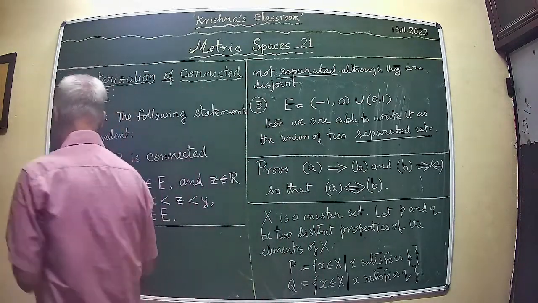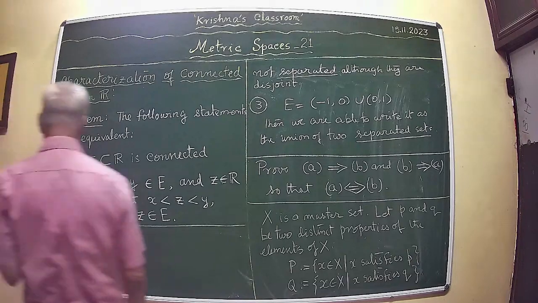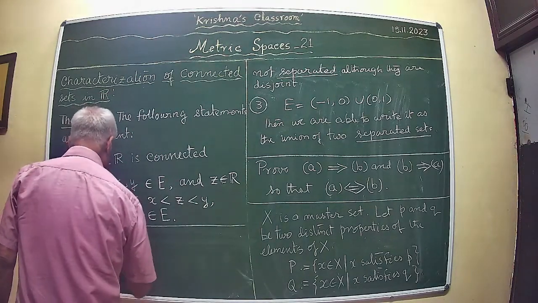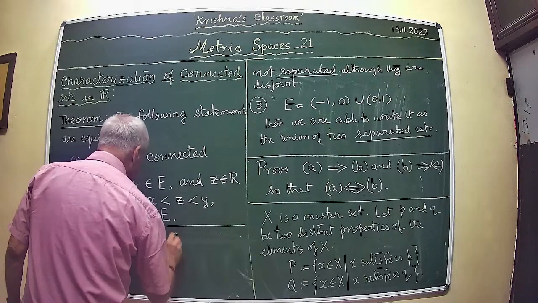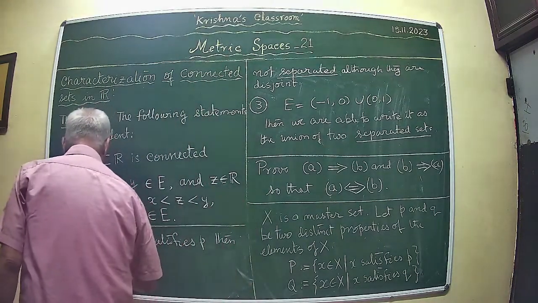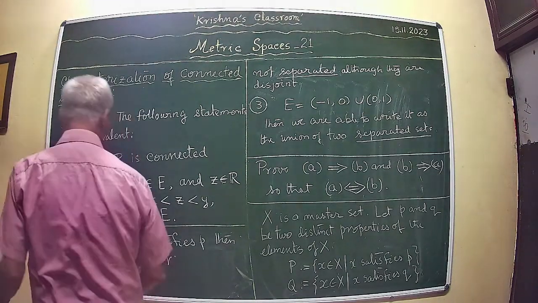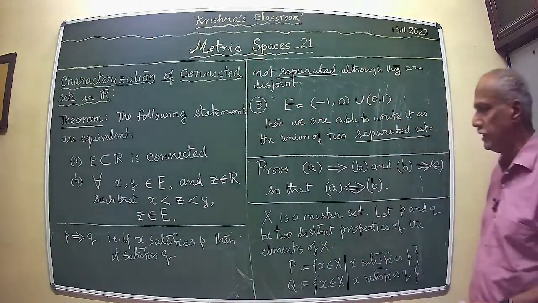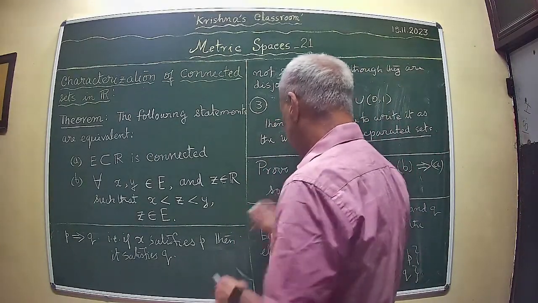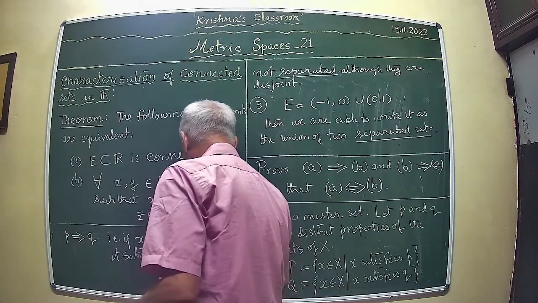So let us consider a statement. Suppose there is a statement P implies Q. What does it mean? If x satisfies P, then it satisfies Q. So every x that satisfies P also satisfies Q. So what is the corresponding relation in terms of these sets? See, this is your master set X and you are talking about subsets of that.